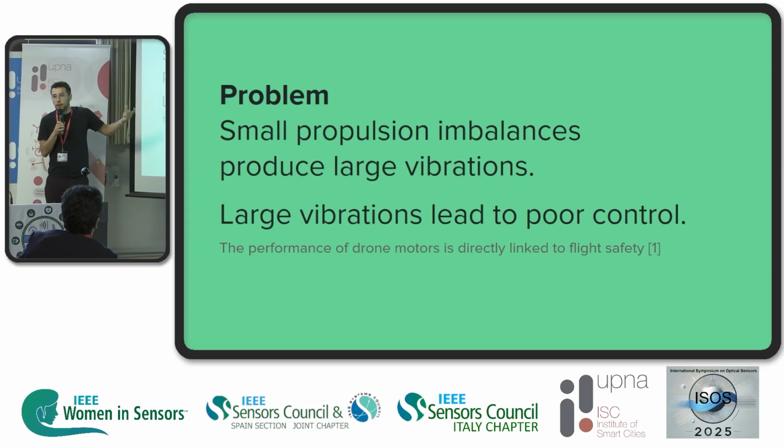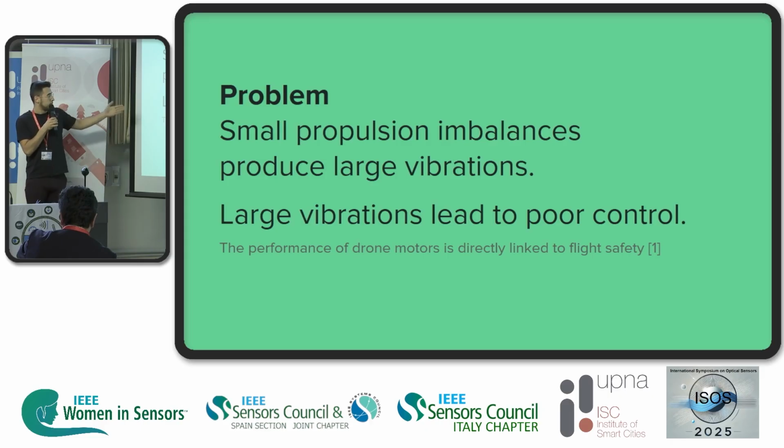And the lighter our aircraft is, the more impact we get from those vibrations on the control of the aircraft. Since we are basing our control on the feedback from the sensors, we are applying poor control. So we try to minimize those vibrations.